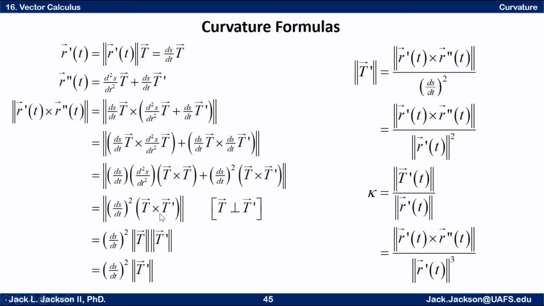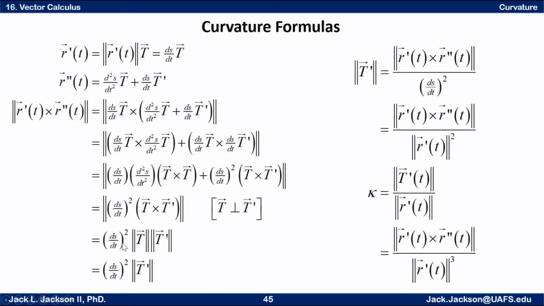Okay. When you do the norm of that, you're finding these two norms. So this norm here is going to be the absolute value of the first part, but since it's squared, we can drop the absolute value. Then the norm of this cross product is the product of the two norms times the absolute value of the sine in between, but they're perpendicular, so that part is just 1.